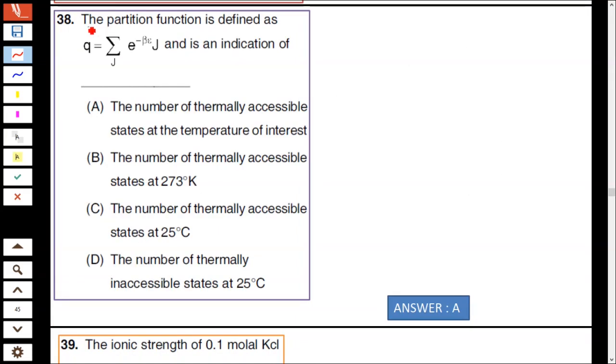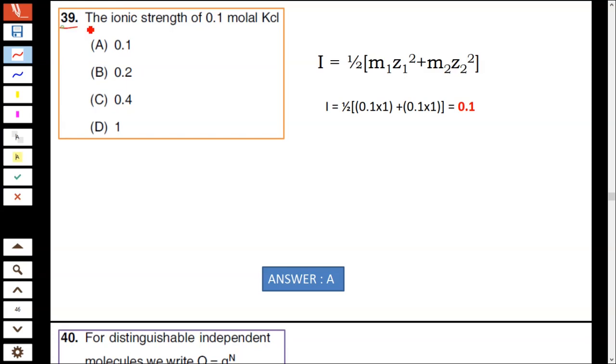Question number 38. The partition function is defined as, and is an indication of the number of thermally accessible states at the temperature of interest. Option A is correct. Question number 39. The ionic strength of 0.1 molal KCl solution. For KCl, it is K plus and Cl minus, Z1 equal to 1, Z2 equal to 1.